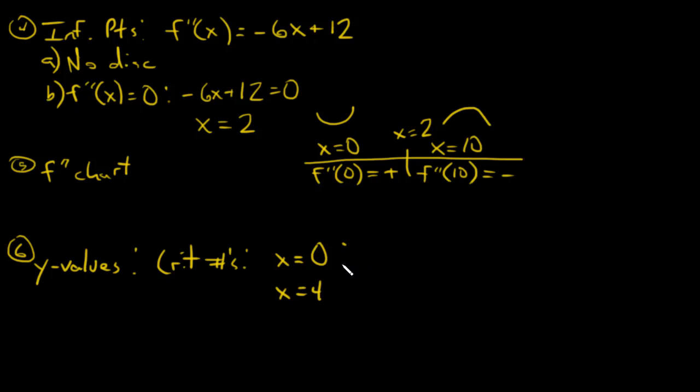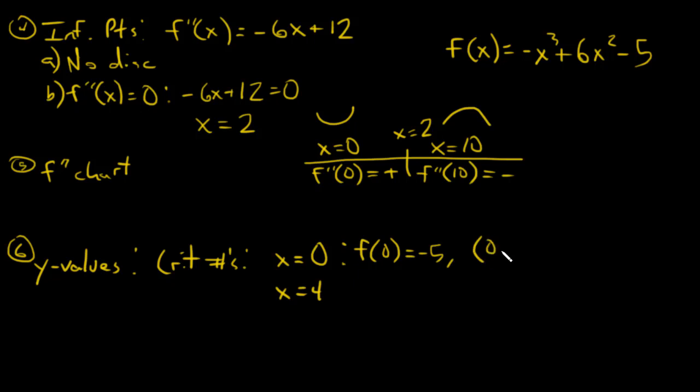So for x equals 0, I plug that into my original function. My original function was f of x equals negative x cubed plus 6x squared minus 5. So f at 0, I'm going to get 0, 0, negative 5. That's not too bad, so I've got a point at (0, negative 5).